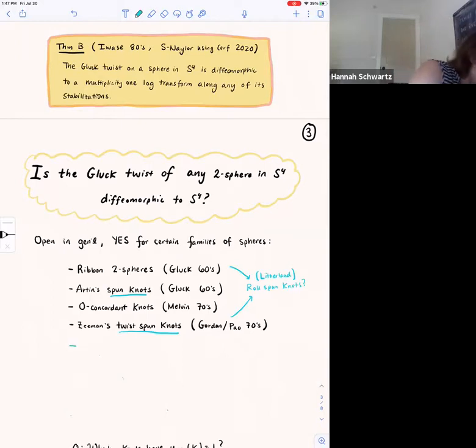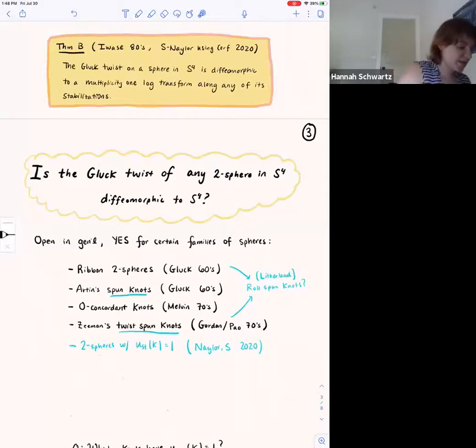So what Patrick and I were able to prove was basically adding something to this list. We were able to show that if you have 2-spheres with stabilization number 1, then their Gluck twist would also be trivial. This is by Patrick and me, and it was last year, I think.